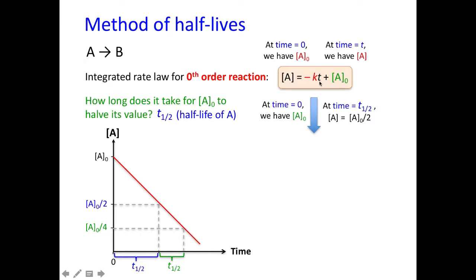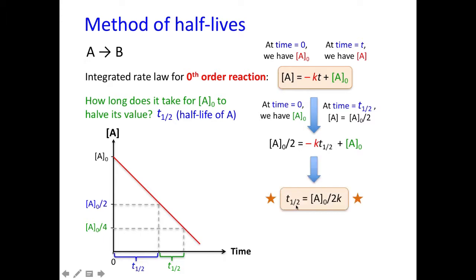And at time t half, so I need to put here t half, the concentration of A would be half of this initial concentration. So you just need to substitute here the concentration of A as half of the initial concentration. So we just add this here. Instead of t, we show t half. Now we just need to isolate t half.